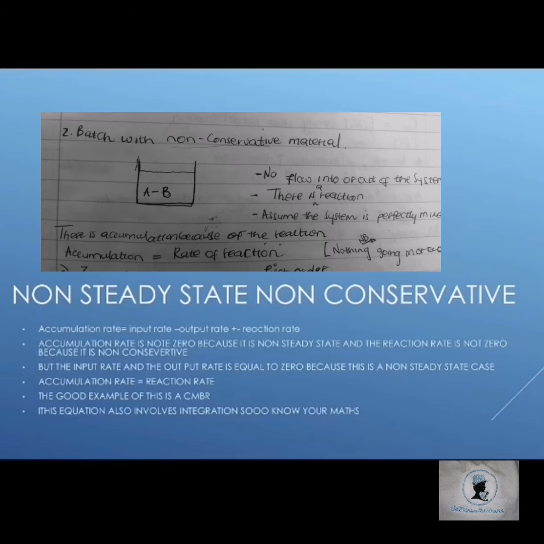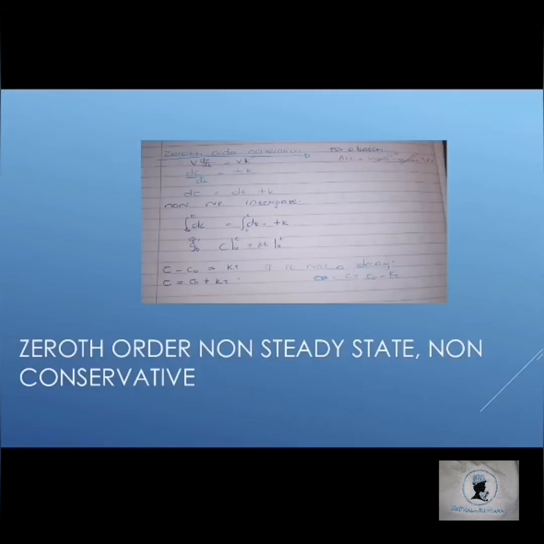Like I said, guys, please go and read about the reactors in the textbook. So let's see. When we have a zeroth order, non-steady state, non-conservative batch reactor, we're going to have V dC/dt.